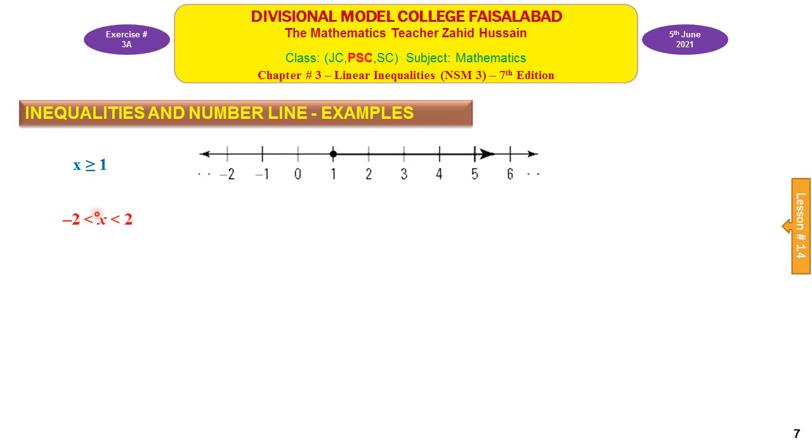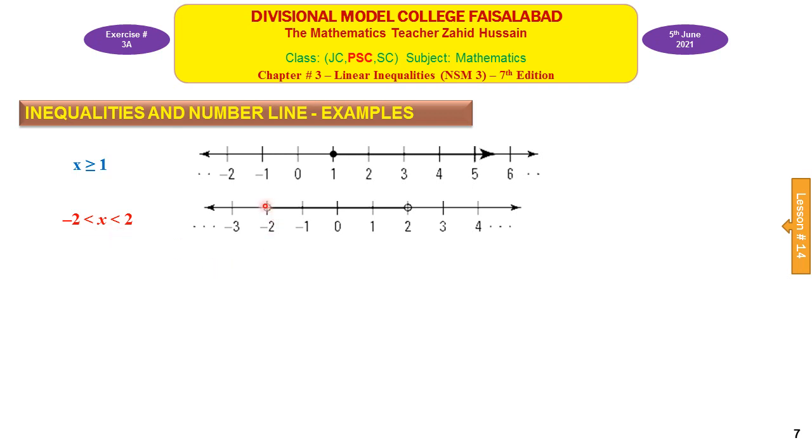In this inequality, there are two inequality symbols. They are called double inequalities or compound inequalities. There are two numbers, one on the right hand side and one on the left hand side. On each number, you will draw a circle, because both inequality symbols are less than and greater than without the equality sign.